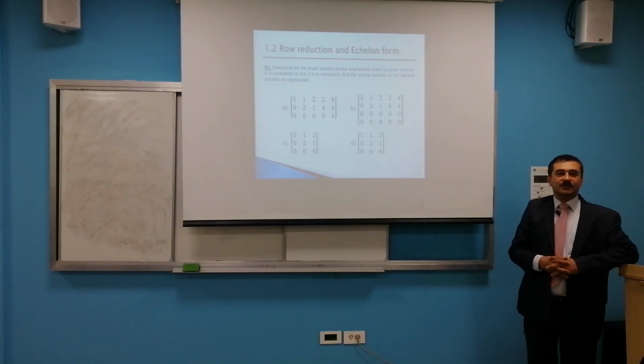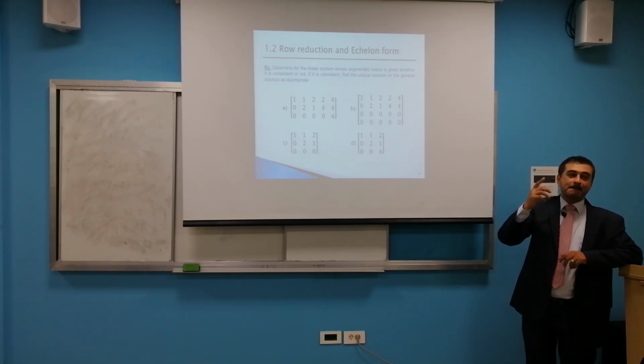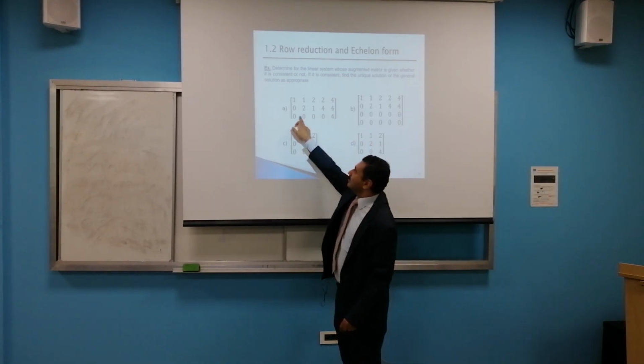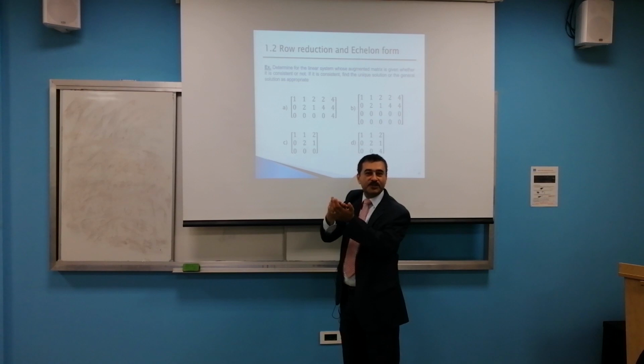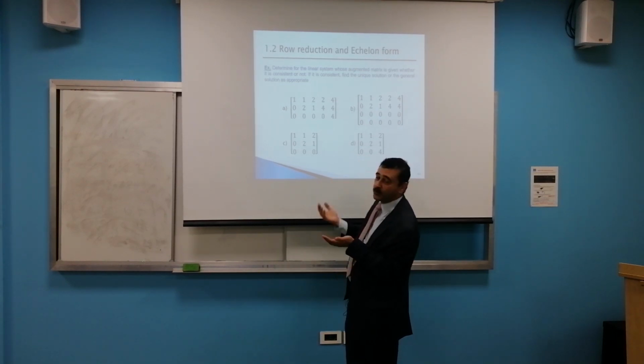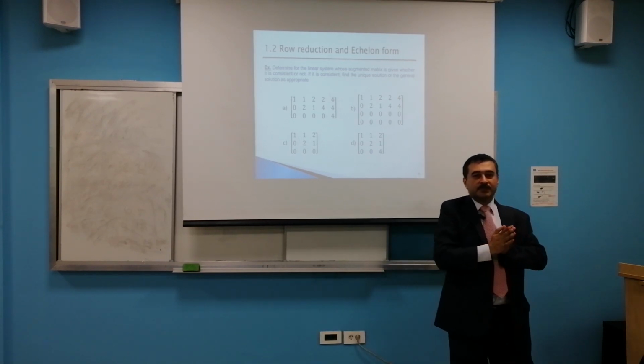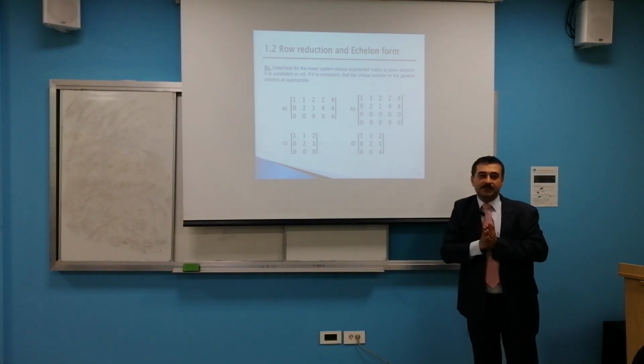What about the first one? Contradiction. Again, the number of equations is 3 and the number of variables is 4, but never mind that. There is a contradiction, no solution. What about the second?